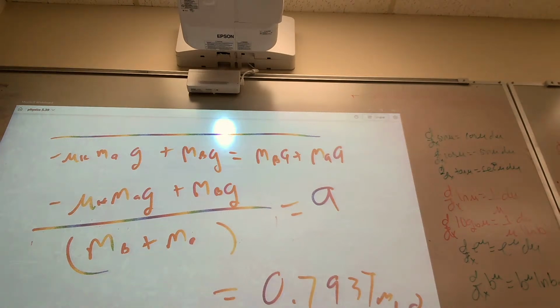Which equation should we use to get our speed? We know the acceleration. We know the distance. What's the initial velocity? 0. We're looking for the final velocity. What equation should we use? We don't know the time. V squared.